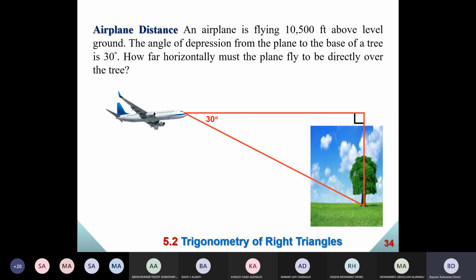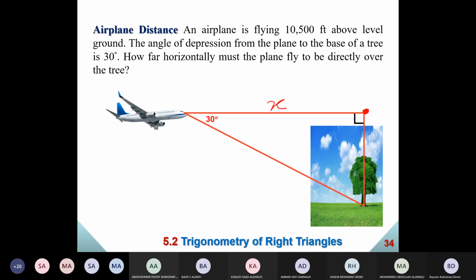Exactly in the picture. And they ask, how far horizontally must the plane fly to be directly over the tree? If the plane wants to come right at the top of the tree here, how far should it fly here? That means what is the length of this horizontal side of the triangle?